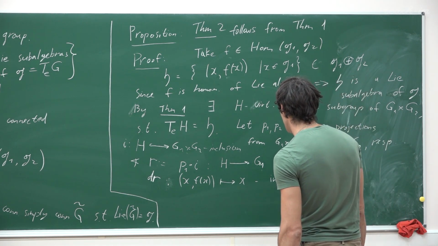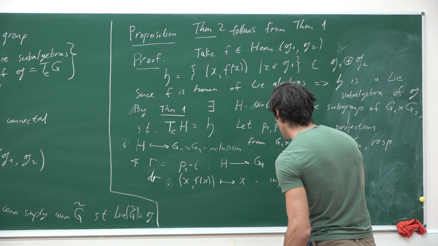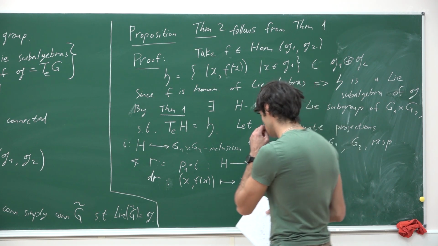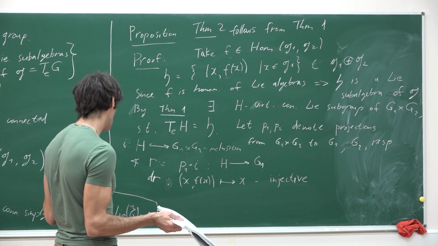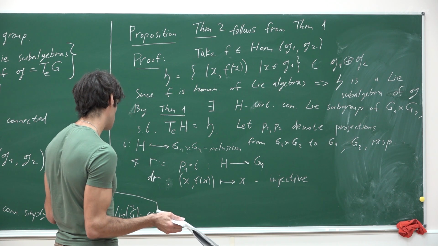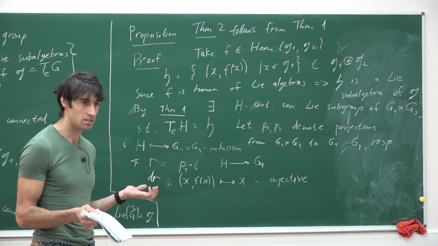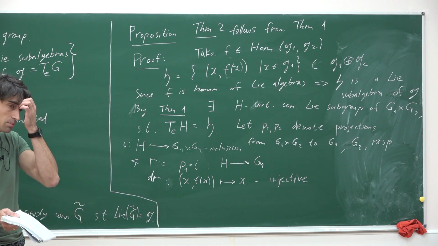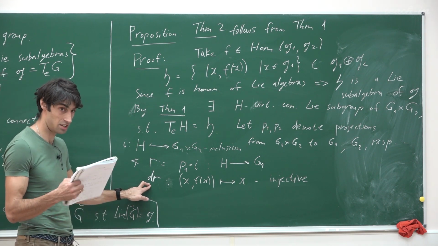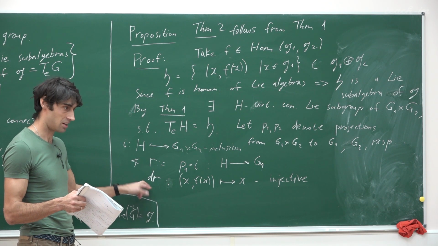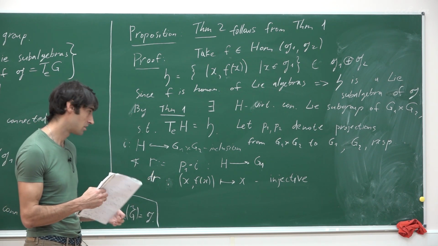Also, it is injective and it is surjective as well, right? So it's actually bijective, I can say. So dr is a linear isomorphism.